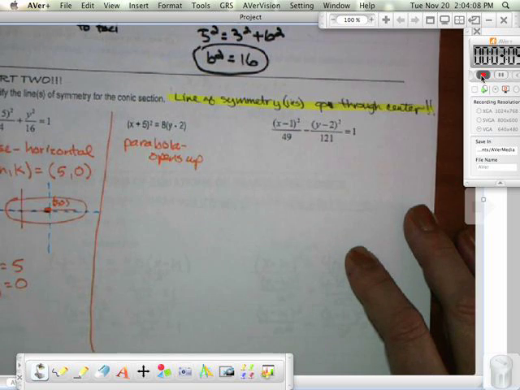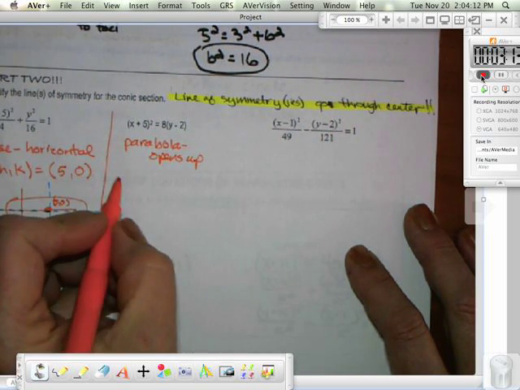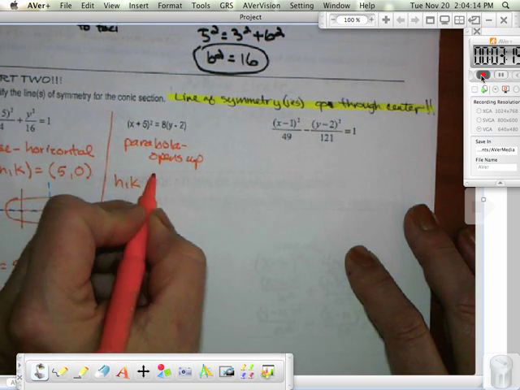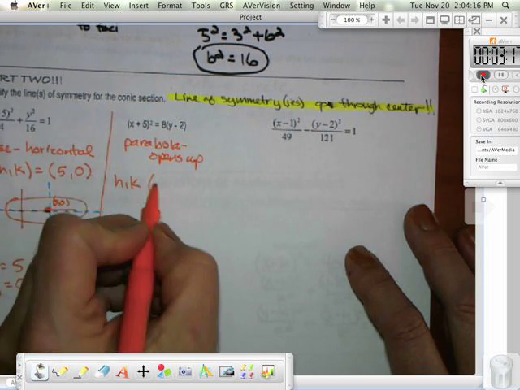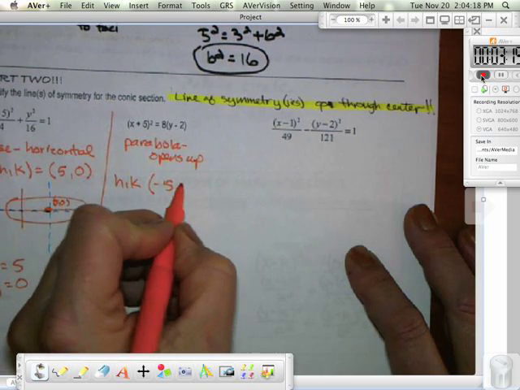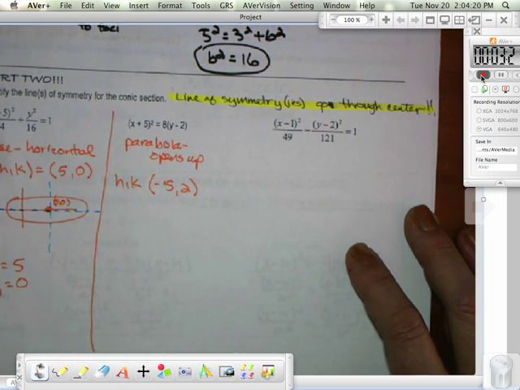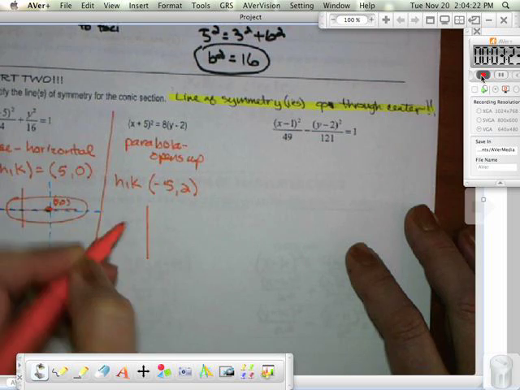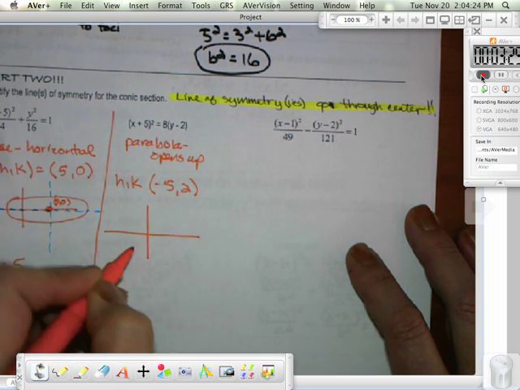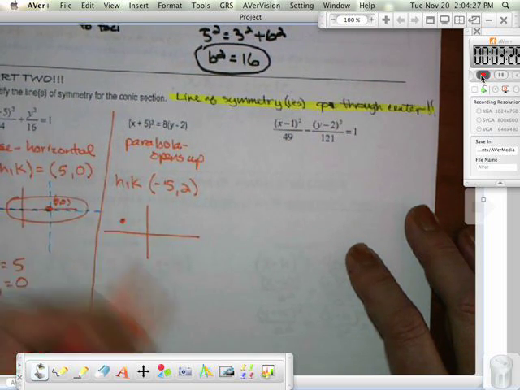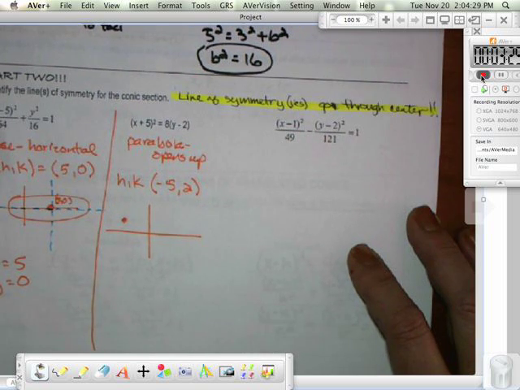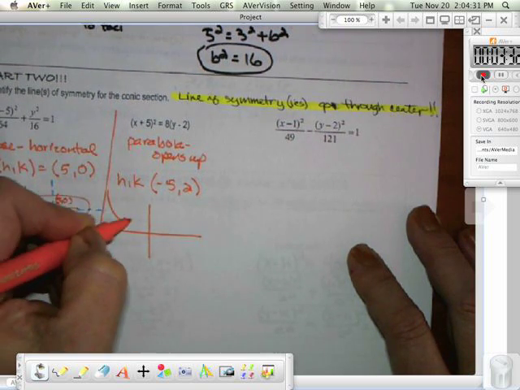It's a parabola that opens up, and if we identify the center, (h, k), it is going to be (-5, 2). If you just want to make a sketch, I think it helps a little bit. (-5, 2) is the center, or the vertex, of the parabola, and it opens up.